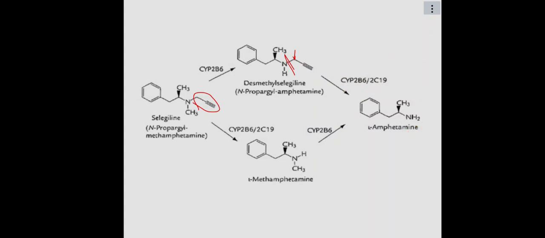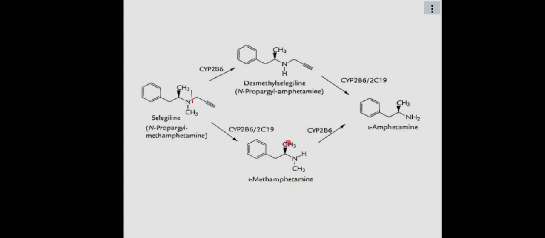So that's one danger of using selegiline, in that in the body in vivo it can be metabolized into desmethylselegiline or N-propargyl amphetamine, and even amphetamine. And methamphetamine can also be formed, because if you remove that group by oxidative N-dealkylation, it will give you methamphetamine.